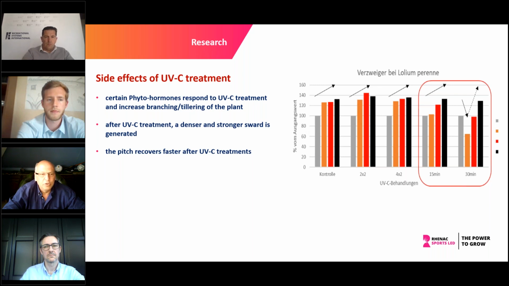So by stopping it, you actually increase branching, tillering, however you want to call it, of the plant. So you create a denser and stronger sward, and that same effect is what we've seen with UVC treatments. It reacts to the plant hormones, and it stops that lengthening effect of the plant. So the pitch recovers faster and faster after you've done more short-term UVC treatments.